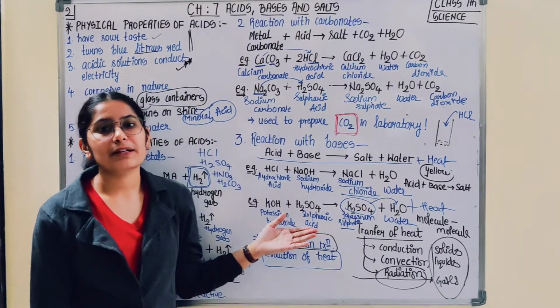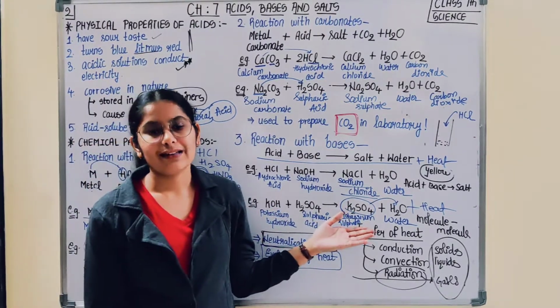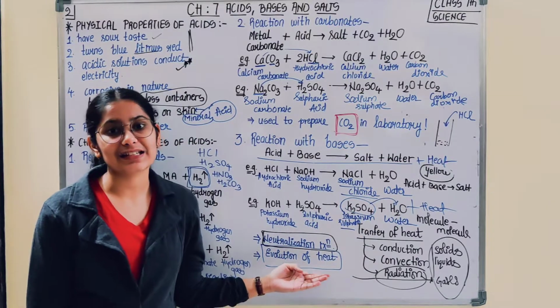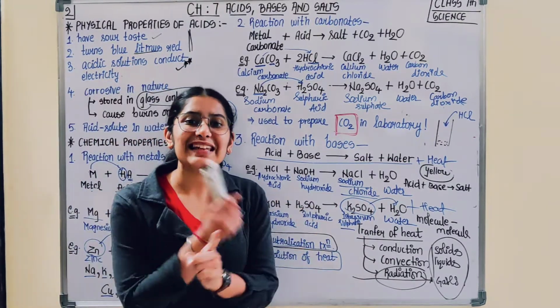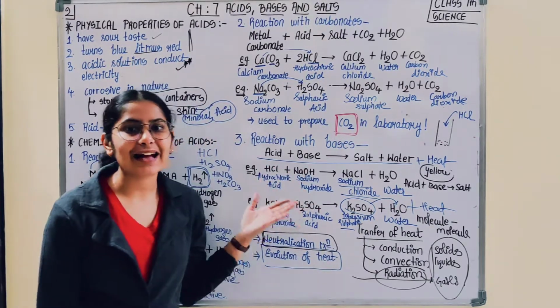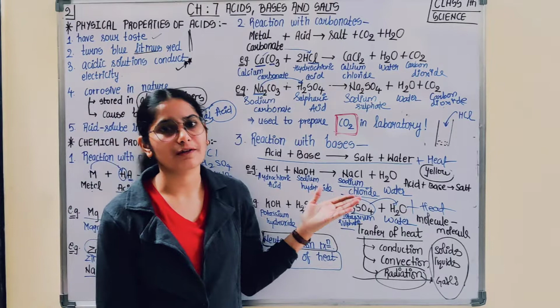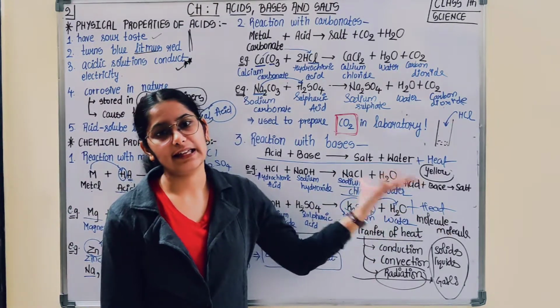Third chemical property of acid is reaction of acid with bases, and that is also known as neutralization reaction, because acid and base both neutralize each other's chemical properties. So when acid reacts with base, it results in the formation of salt plus water along with evolution of heat.